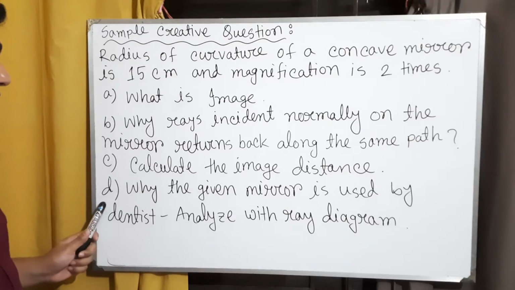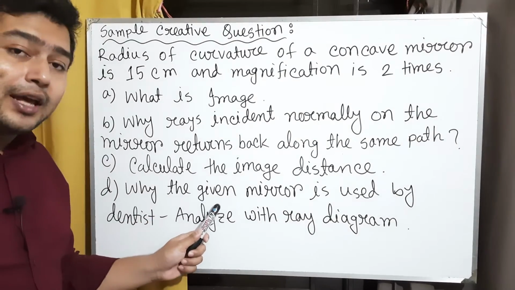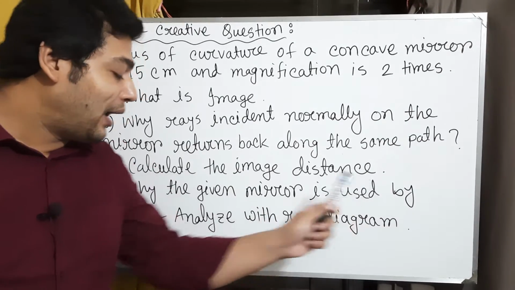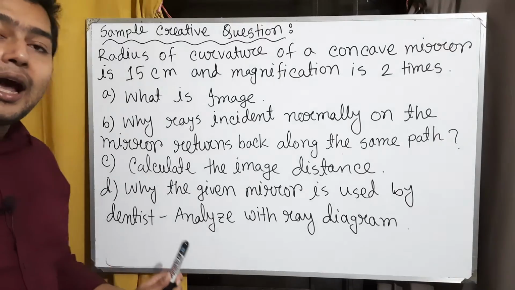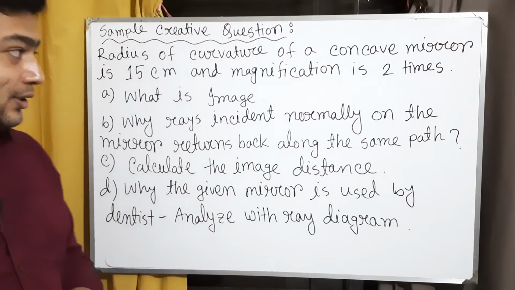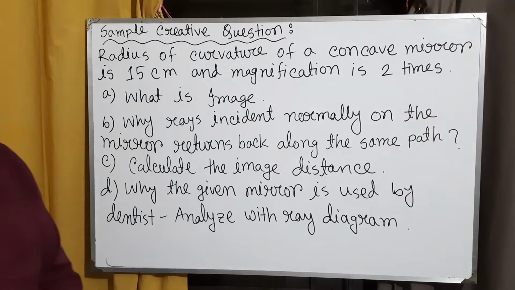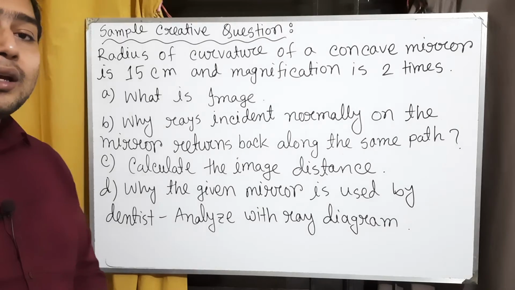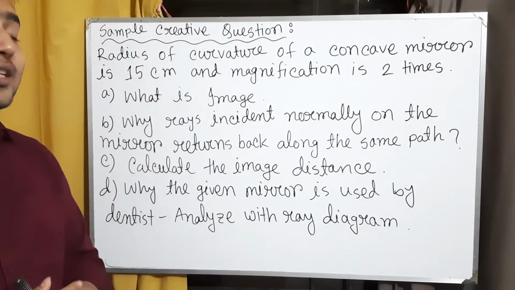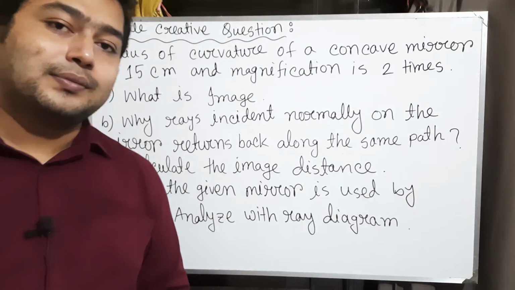And question D, why is the given mirror used by a dentist? Analyze with a ray diagram. So this is today's sample creative question. Now we will calculate this creative question step by step.